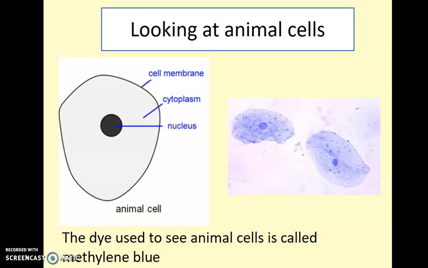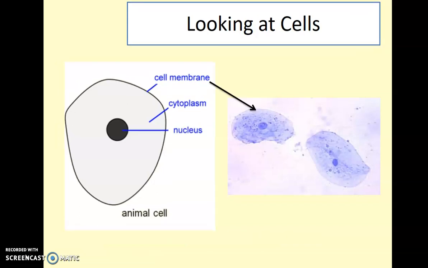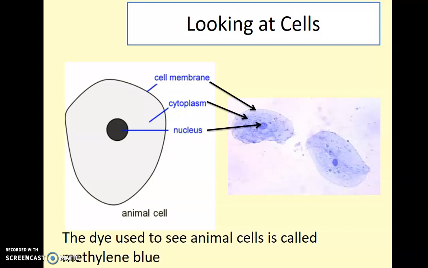If you look at the right hand side, which is a picture of an animal cell that has been swabbed from somebody's cheek, we can now match it up to the picture on the left to show you the parts. You've got the cell membrane, which is fairly obvious to do. You've got the cytoplasm, and you've got the nucleus too. So that is methylene blue that is used, and this is one of the facts that you need to be able to recall.